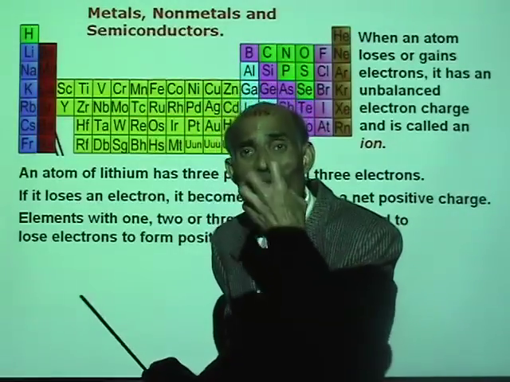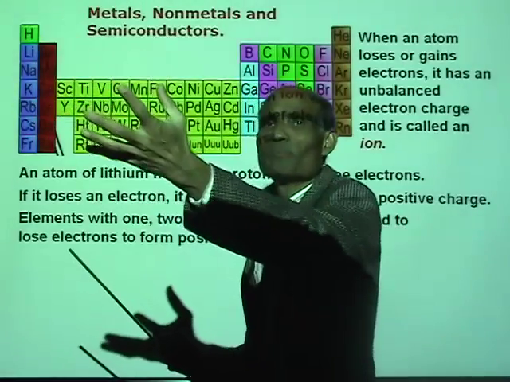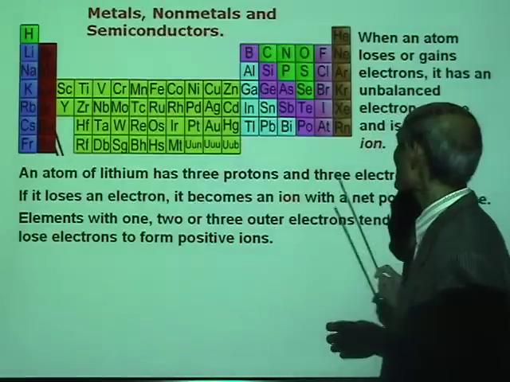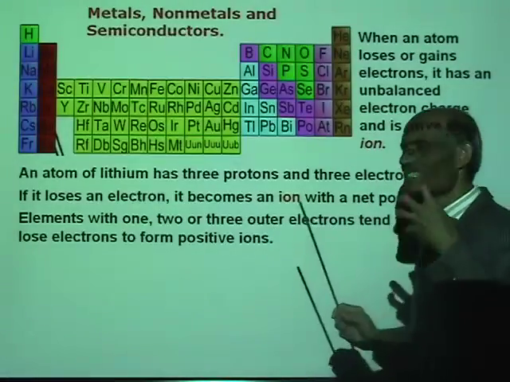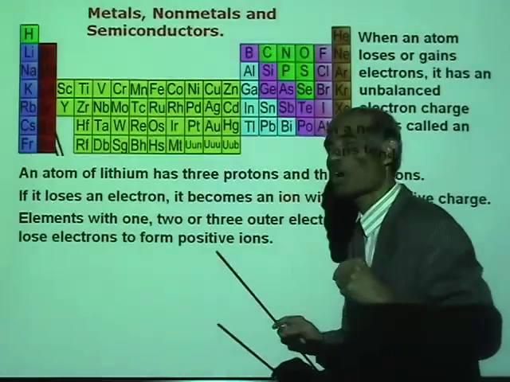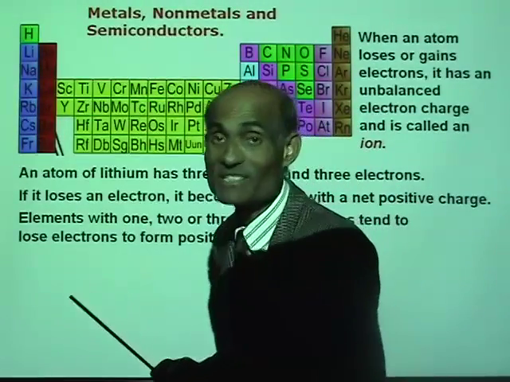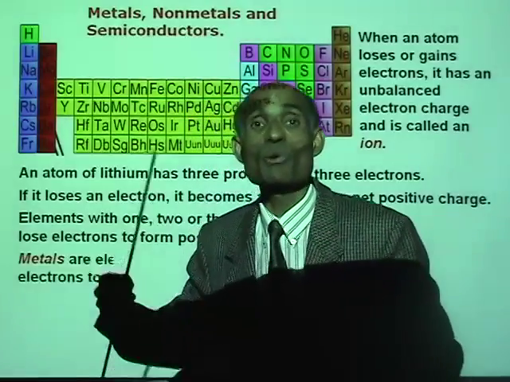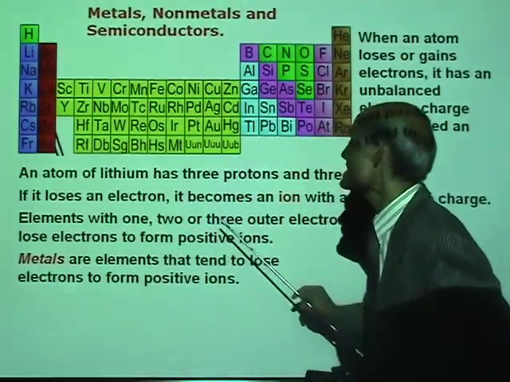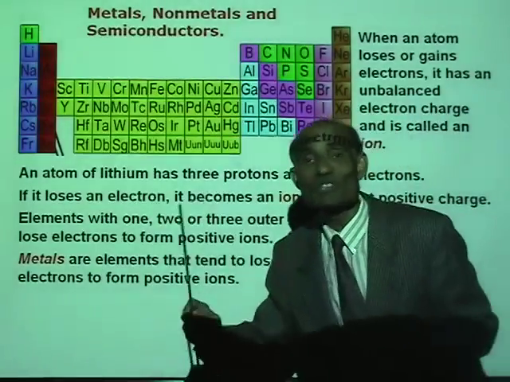No. There are too few in the outer shell. They want to get rid of them. So, elements with 1, 2, or 3 outer electrons tend to lose electrons and form positive ions. Now, such elements are called metals. Metals are elements that tend to lose electrons to form positive ions.